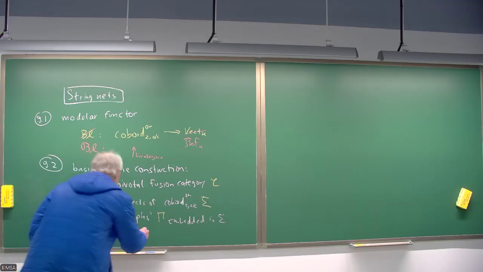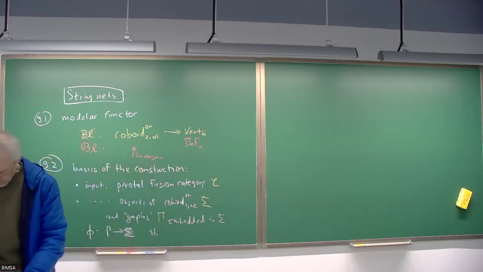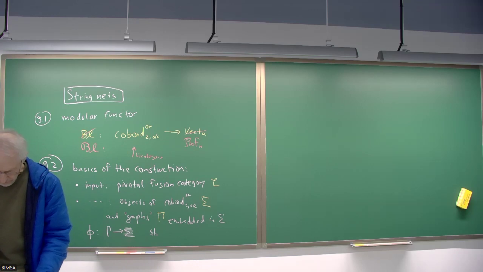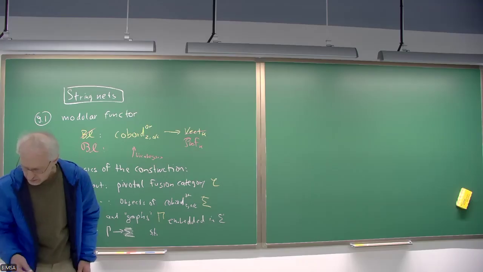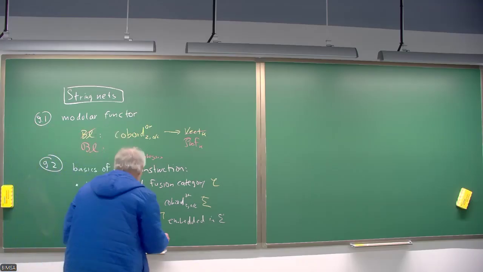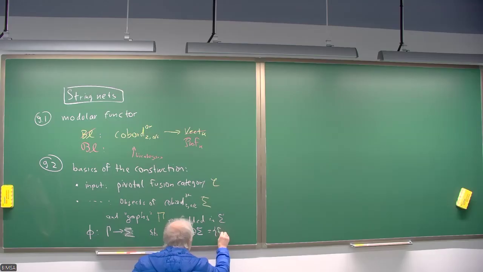And what is important, we require that when we look at a part of the image of phi which lands on the boundary of sigma, then this is a finite number of distinct points.